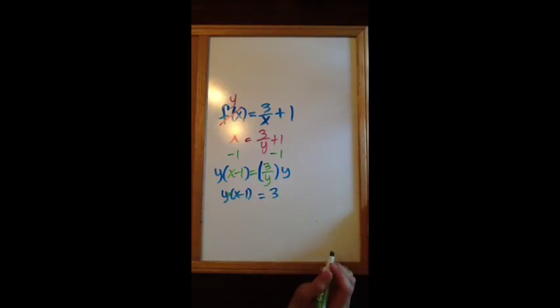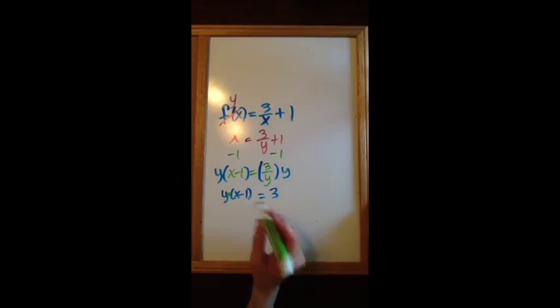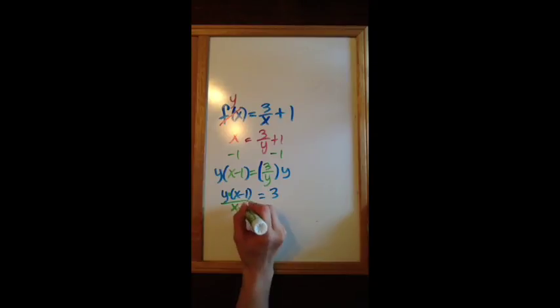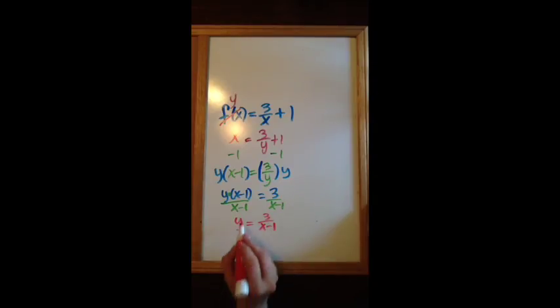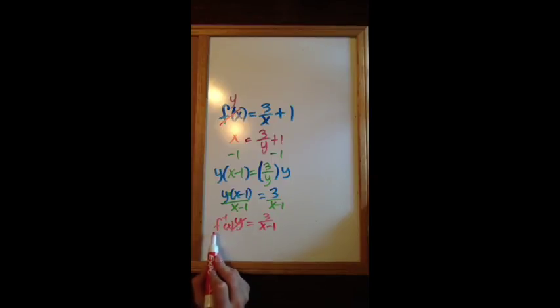So what I want to do is get rid of multiplying by x minus 1. So I'm going to divide by x minus 1. So this leaves me with just a y on the left-hand side, and then I have 3 over x minus 1. And then my y is by itself, and I'm going to use my function notation to say that this is the inverse. So I'm going to do f inverse of x equals 3 over x minus 1.